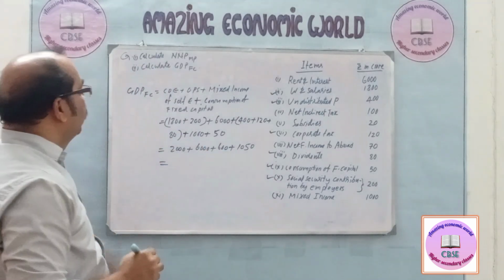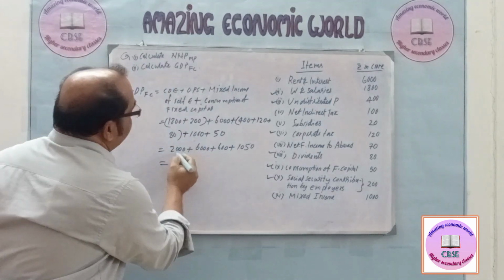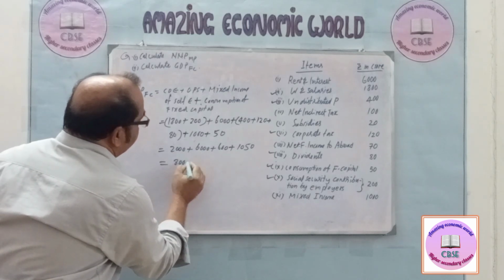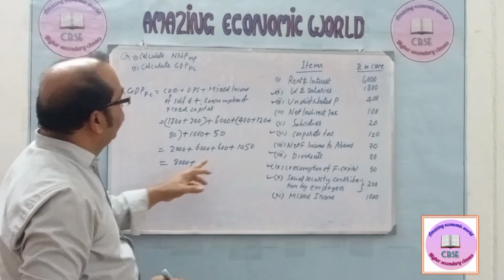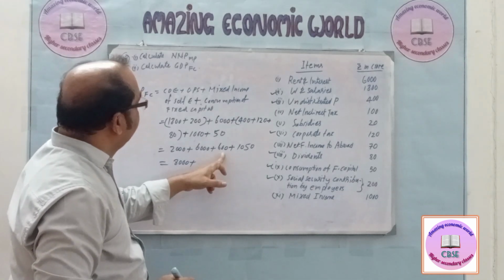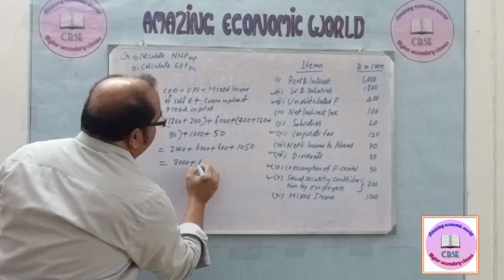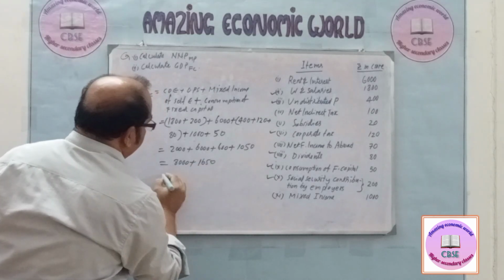Add all these figures. 2000 plus 6000, 8000. Then here 600, 1050, 1650.